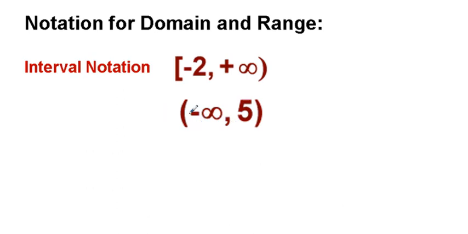Here we have greater than -infinity, less than 5. At 5 we have a critical number, and less than 5 is going to be an open point or circle. We're going toward -infinity, so you can just draw an arrow to the left.